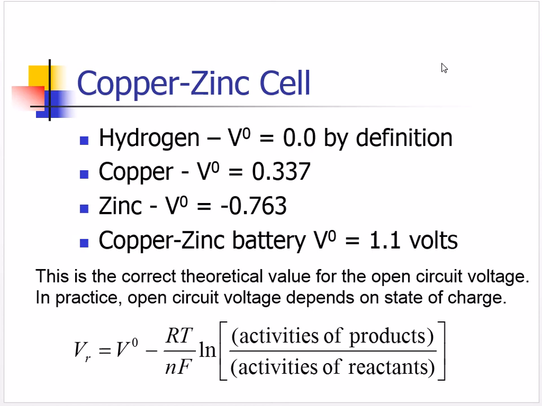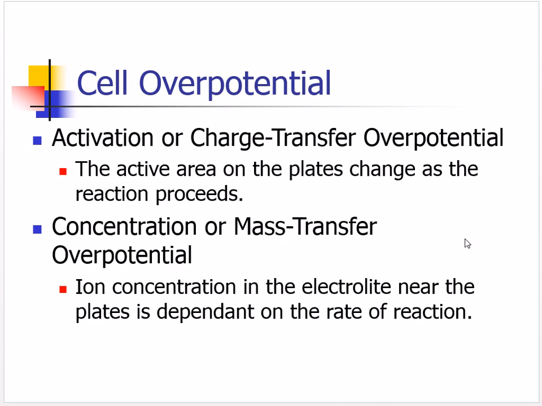And theoretically that's right, but the true voltage, you take what we would calculate and then you subtract off RT over NF times the log, and what goes in this part is pretty complicated. The stuff that goes in there can be related to what we call cell overpotential.